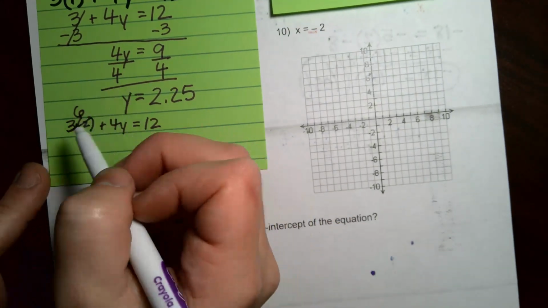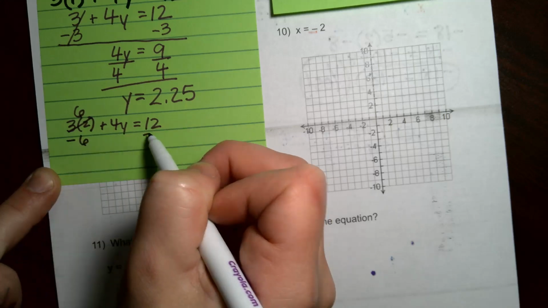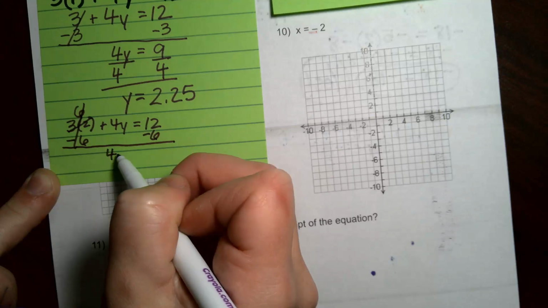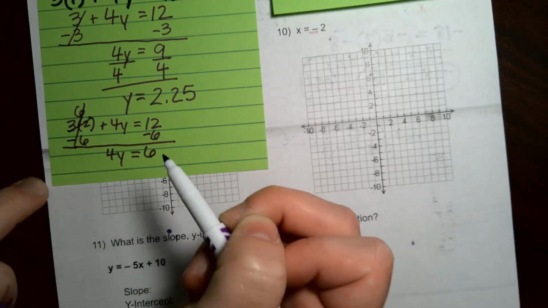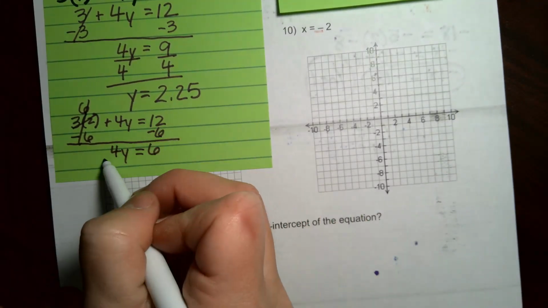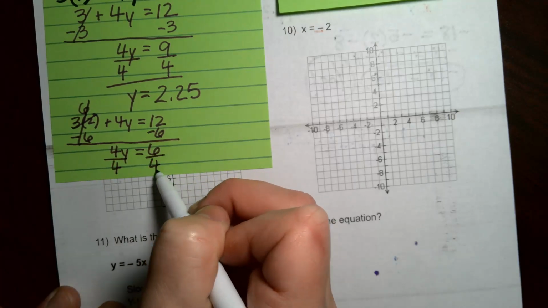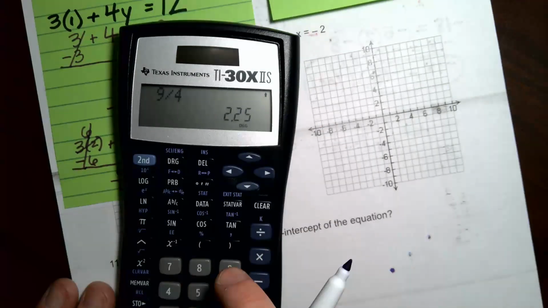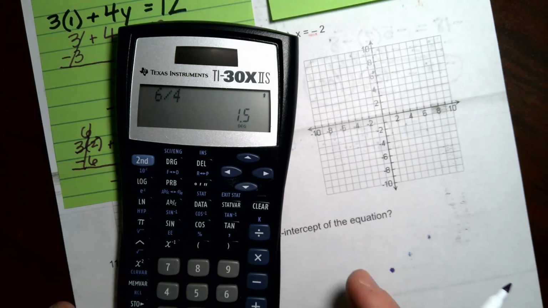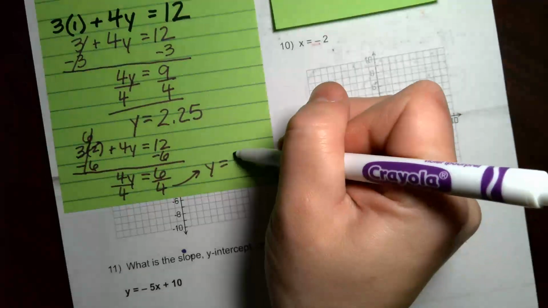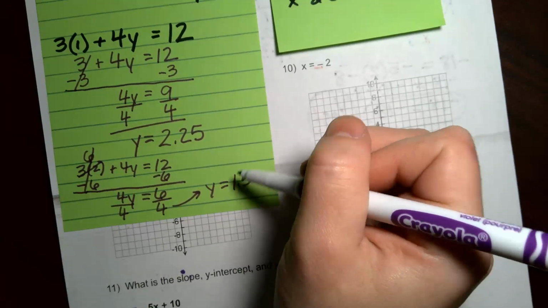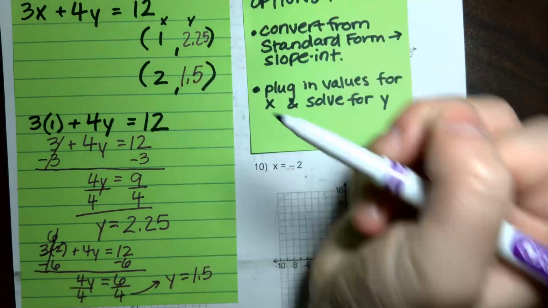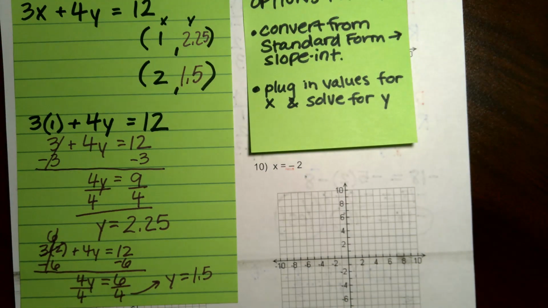So to get rid of that 6, we're going to start by subtracting 6 from both sides. Then we're going to have 4y equals 6. Then what? Divide by 4. And we're going to get y equals 1.5. Perfect. So when x is 2, y is 1.5. So there's our two coordinates.